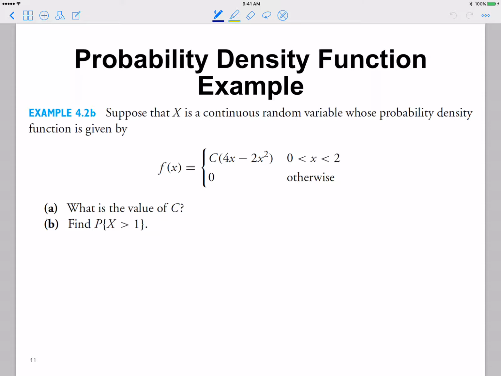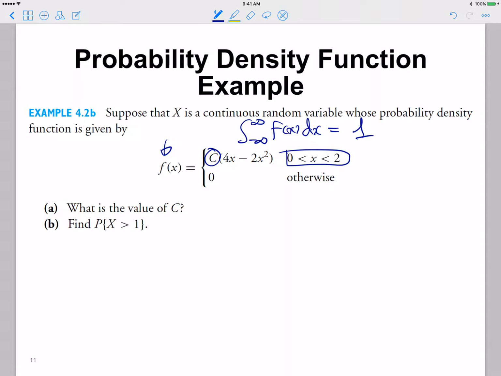Okay, then suppose we are given this kind of density function where we have some unknown constant. Then we can utilize this kind of formula, right? It means the x values that have a non-zero probability will only be in this range.